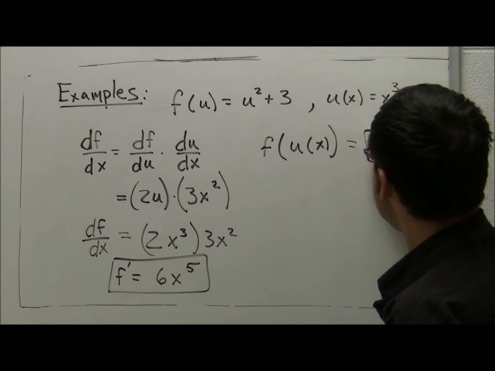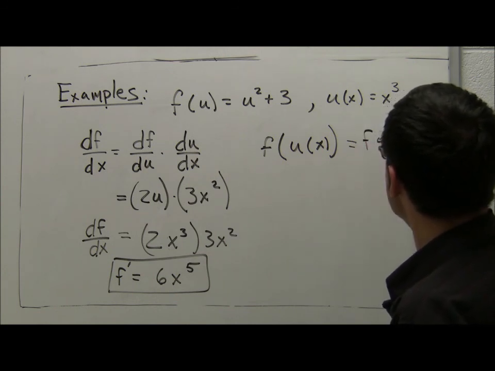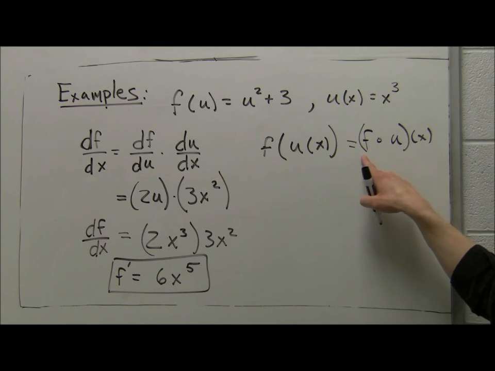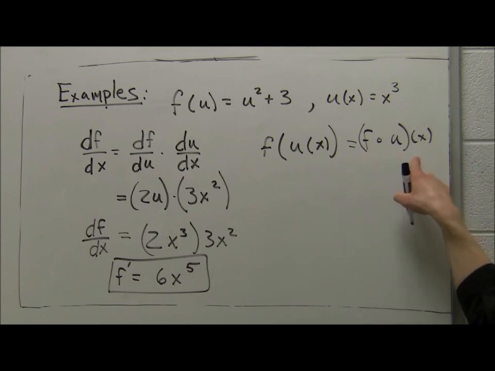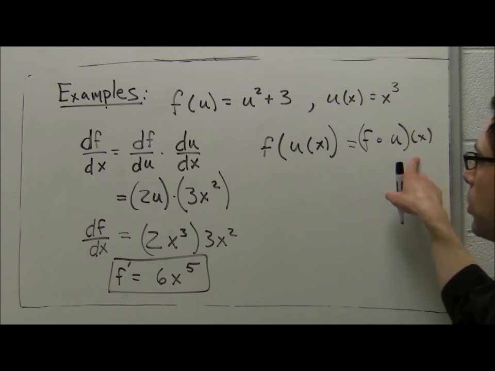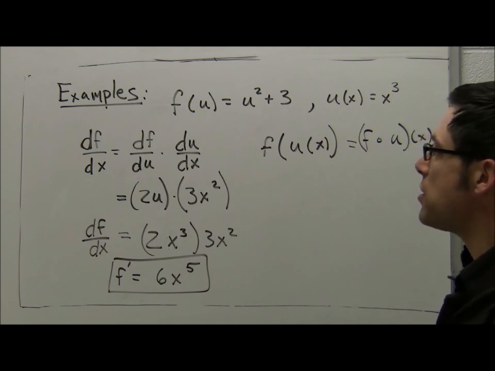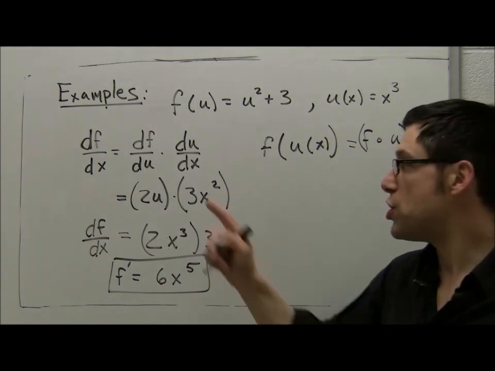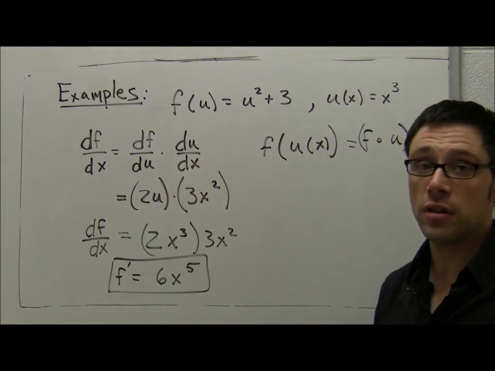In particular, it's f composed with u, which is in turn a function of x. So this is f composed with u, or f of u, f circle u of x. And again, all I'm doing is computing the derivative. It's a chain of functions, therefore it is a chain of derivatives, and thus the chain rule.